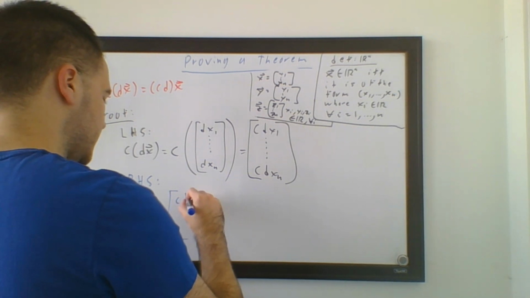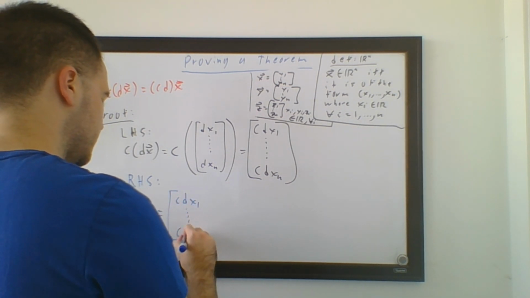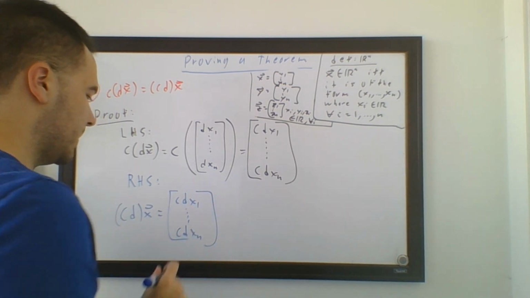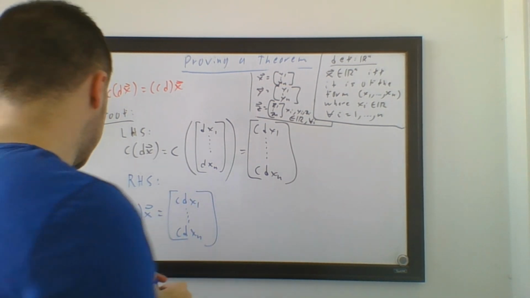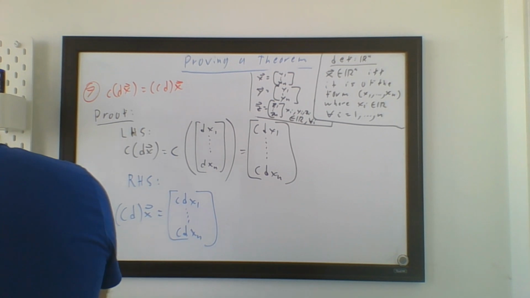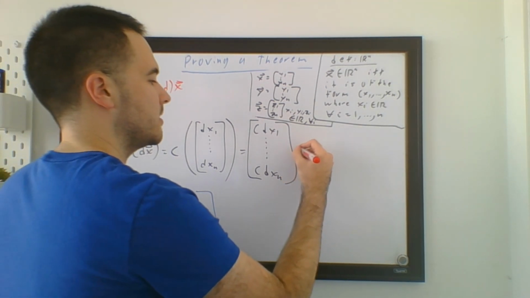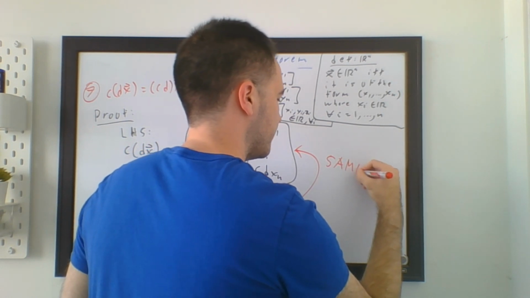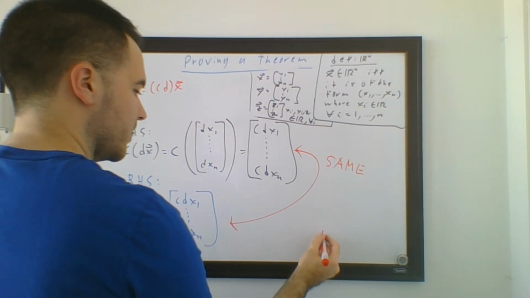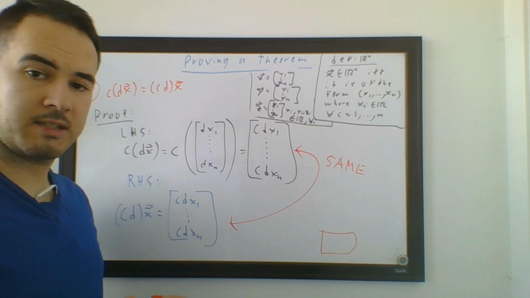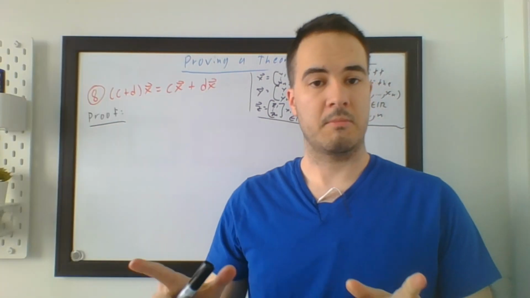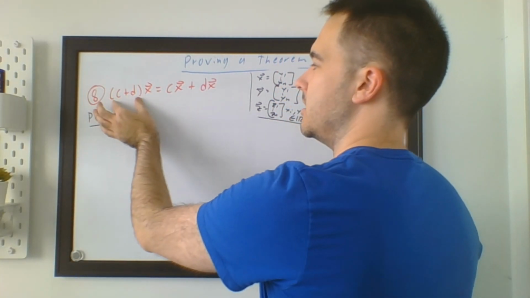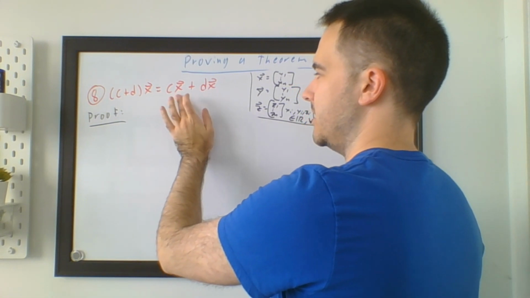So we have cd x1 and cd xn. And since we have now shown that both of these are the same, we have proven statement 7.